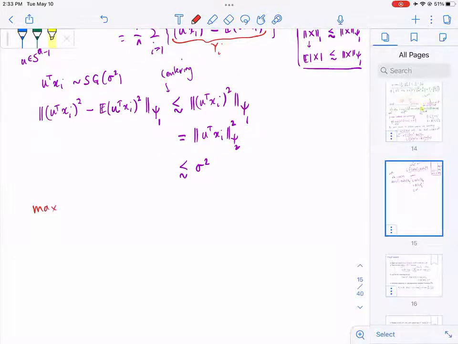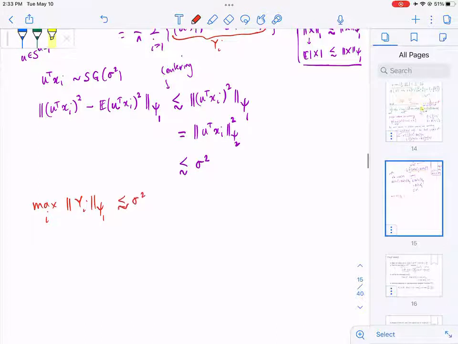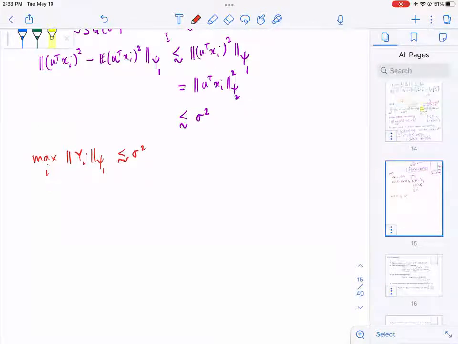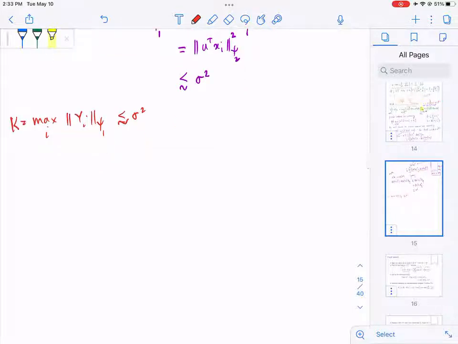What we have shown is that the psi1 norm of yi is at most, up to constant, sigma squared. If we call this K, you remember how the Bernstein would go, right? Anyone remembers?